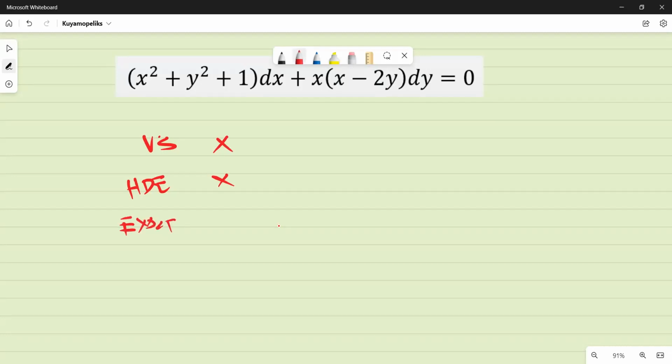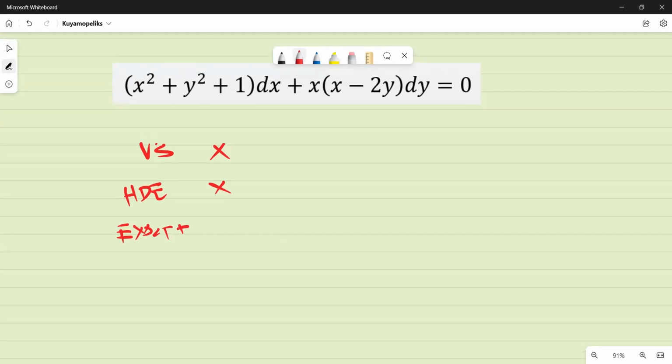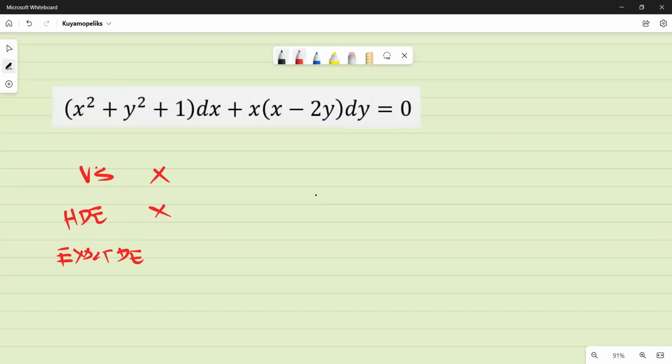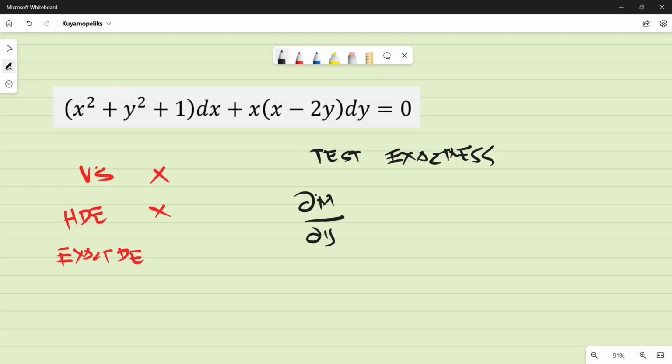Now let's check if it is exact. And how do we know if this is an exact differential equation? We test for exactness. So what is the test for exactness? The partial of M with respect to y should be equal to the partial of N with respect to x.